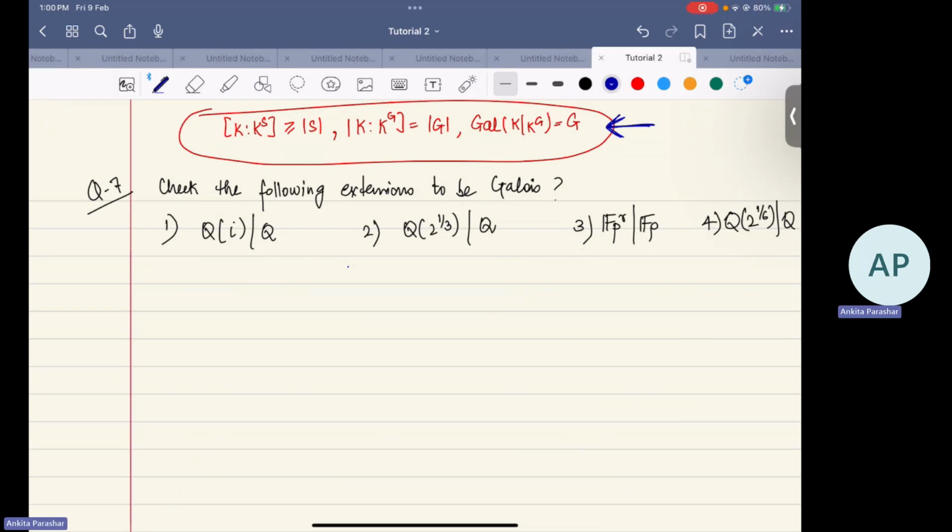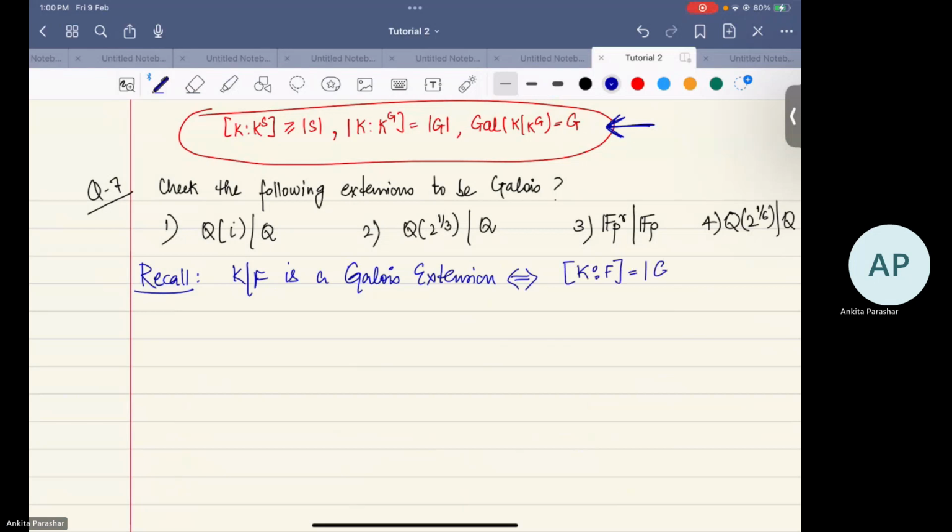Recall, K over F is a Galois extension if and only if [K:F] is the cardinality of the group, and this group is nothing but the group of all F-automorphisms of K. Can you check all these things?